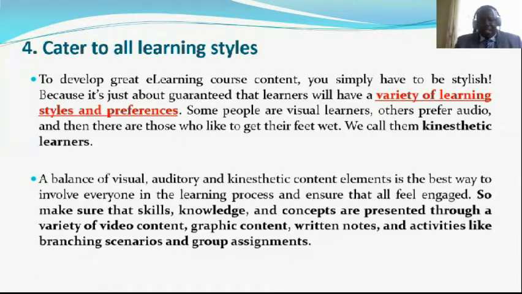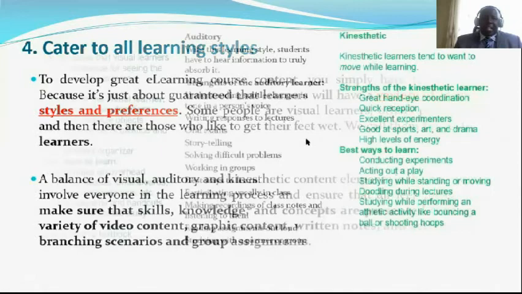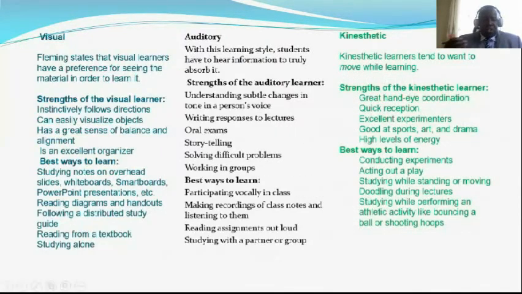Now, there is another slide that I put there which explains them in detail, showing, as a visual learner, what is their strength? What's the best way they can learn? The majority of the strength of a visual student is that they follow directions very well.